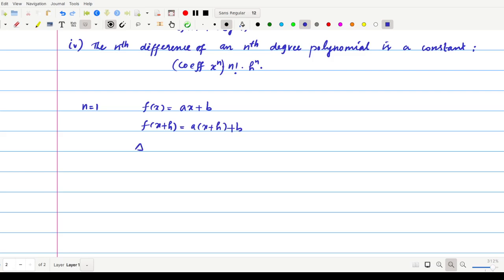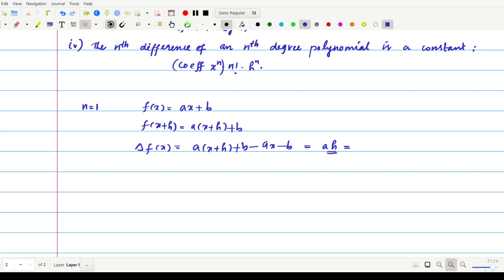The first difference of f of x is a times x plus h plus b minus ax minus b. We can cancel the ax, and the b can also be cancelled, so the remaining is ah.